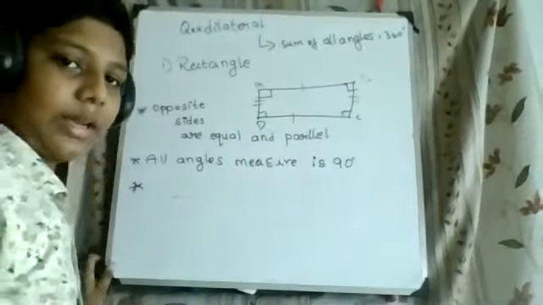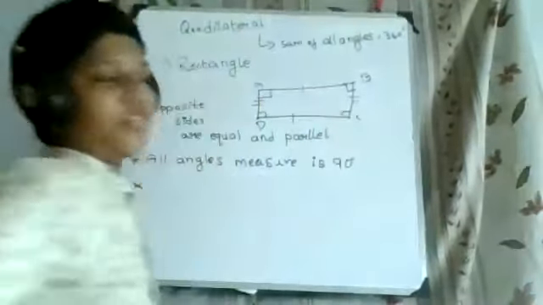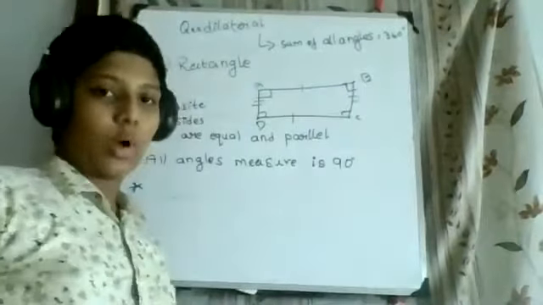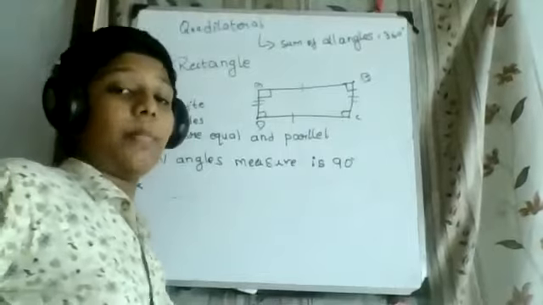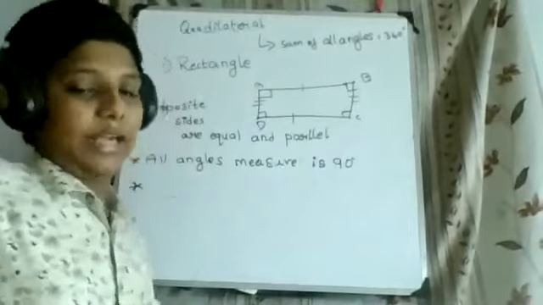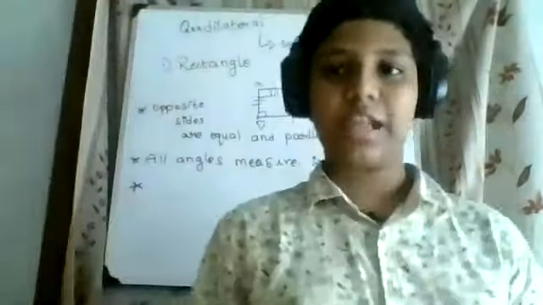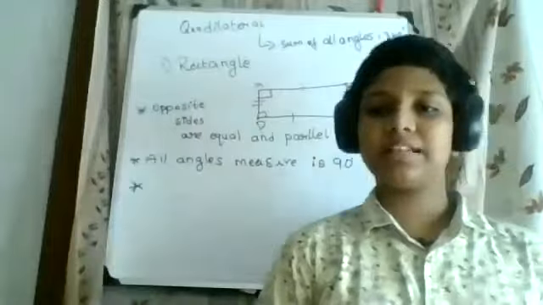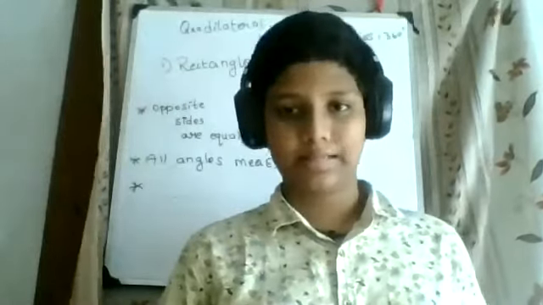Now, let us go deeply into rectangle. A rectangle is a four-sided polygon. It is a quadrilateral with opposite sides equal and all angles measuring 90 degrees. When classifying shapes, first we discuss the sides, next angles, next diagonals.